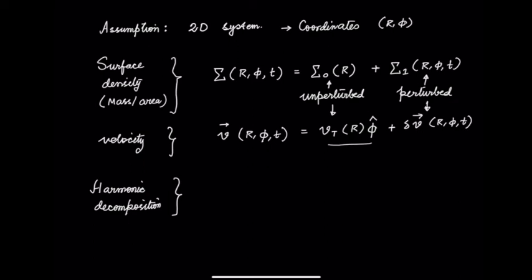So you do the harmonic decomposition in a particular way. And finally, you obviously use the continuity and the Euler equation. So you sum it over m modes, and you have an amplitude and a phase. Just like before, it looks a little different here.